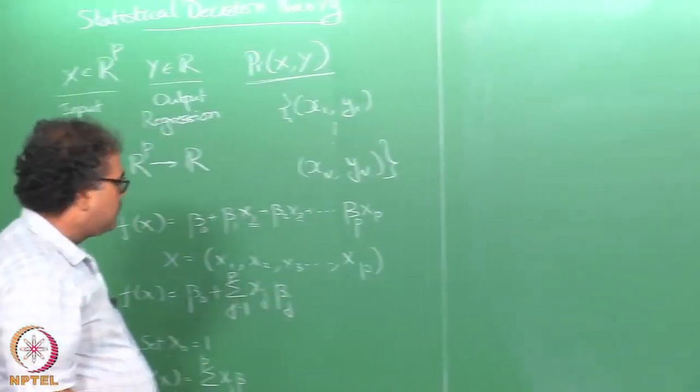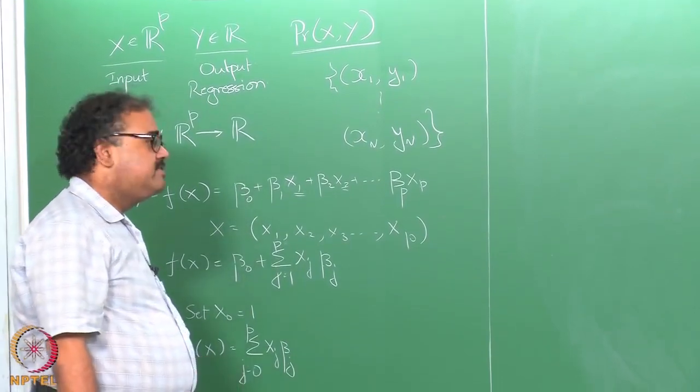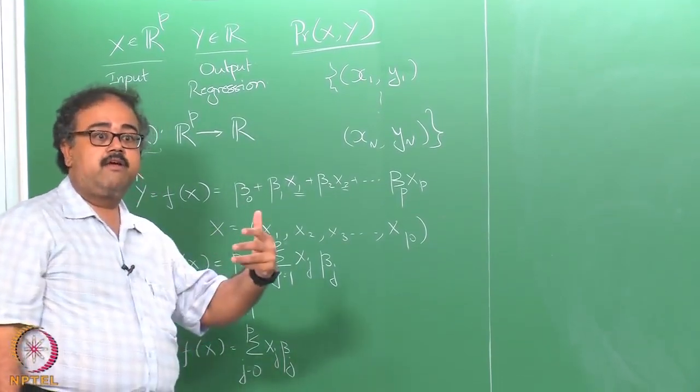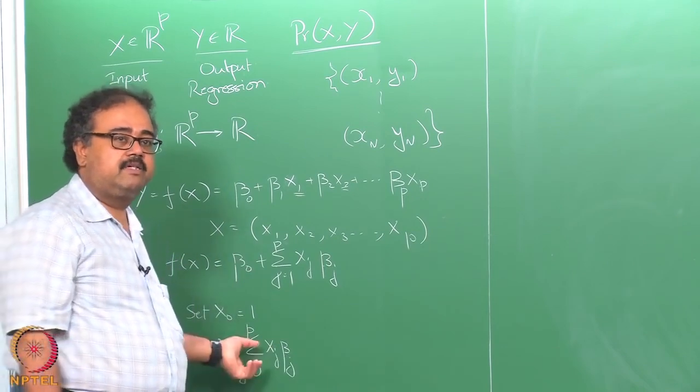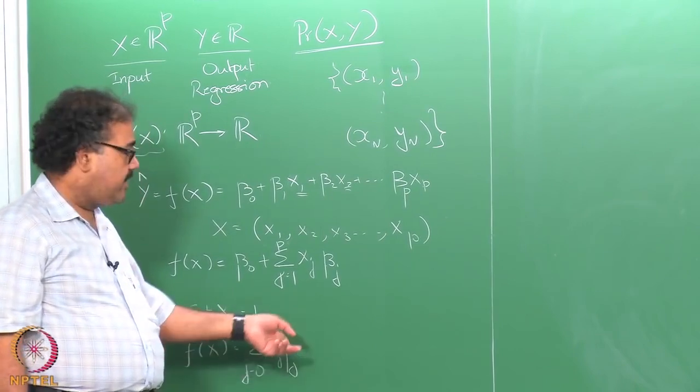So, moving on, let us look at the linear regression case, where we actually made a significant assumption about the form of the function f. Specifically, we assume that f is going to be linear in the input parameter.